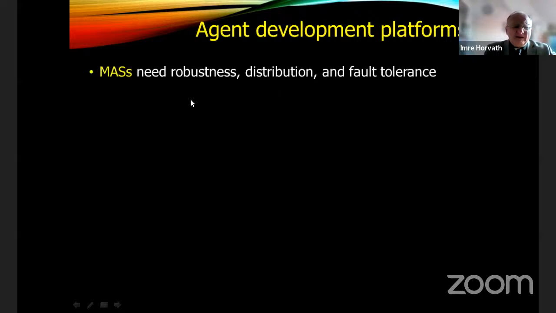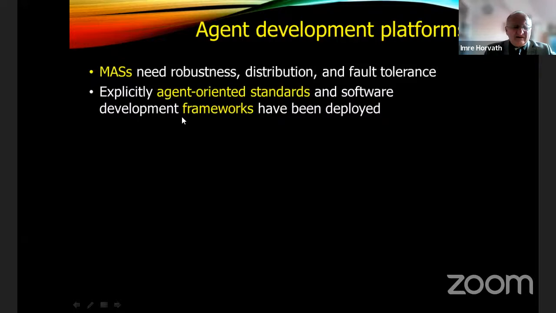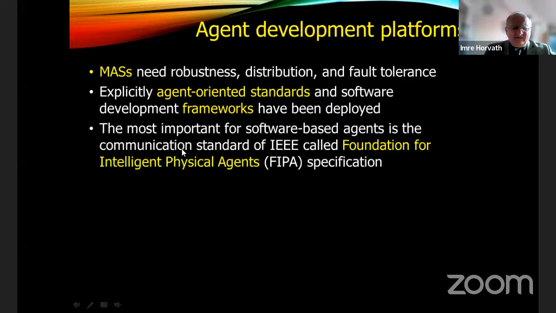So talking about implementation of agent and multi-agent environments, then we have to talk about certain agent development platforms. And it is obviously needed because the development of multi-agent systems really needs robustness, distribution, and fault tolerance. So explicitly, agent-oriented standards and software development frameworks have been developed.